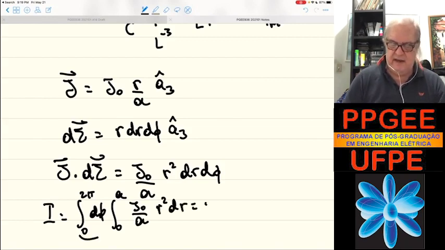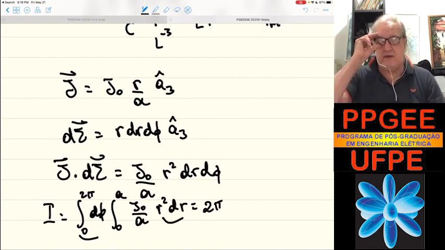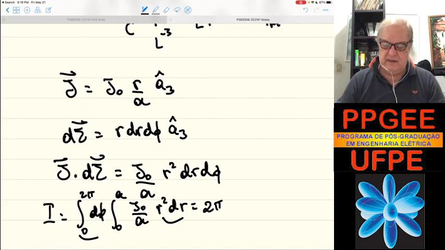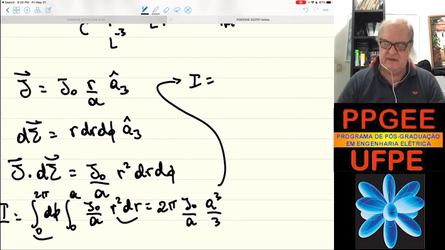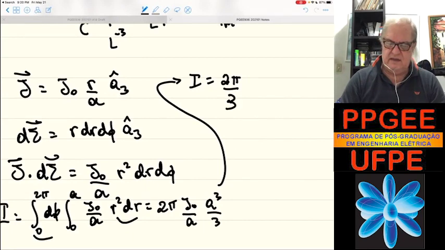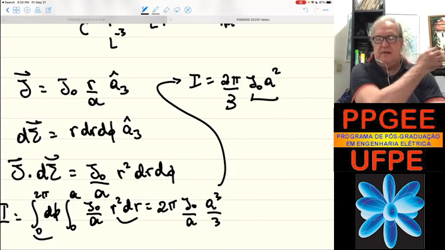We have 2 pi here, have r cubed divided by 3, J0 over a, a cubed over 3, and this gives a total current of 2 pi over 3 J0 a squared, which is amps, right? That's what we get.